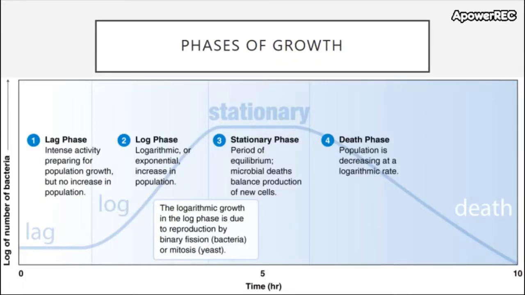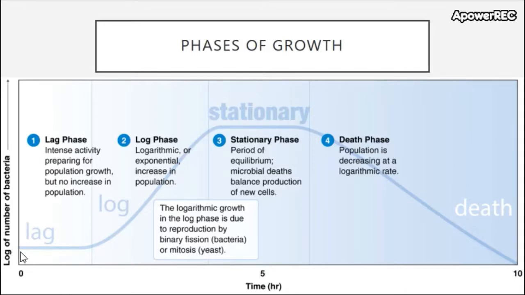And let's take a look at those different phases of growth. So here we have 4 different phases of growth. I want you to imagine we have a sterile tube, we've made fresh media in it. It has all of the nutrients required for maybe a culture of E. coli to grow.